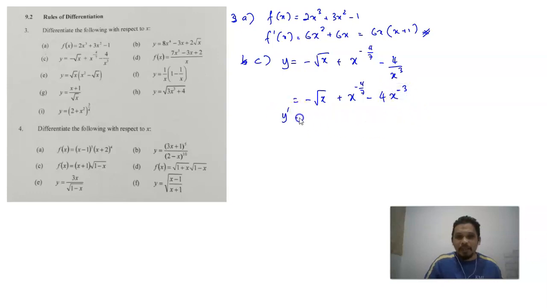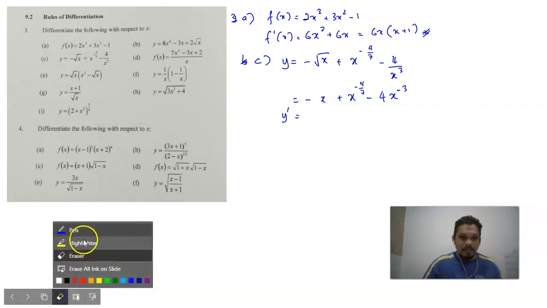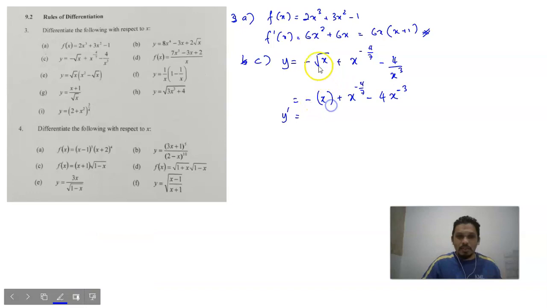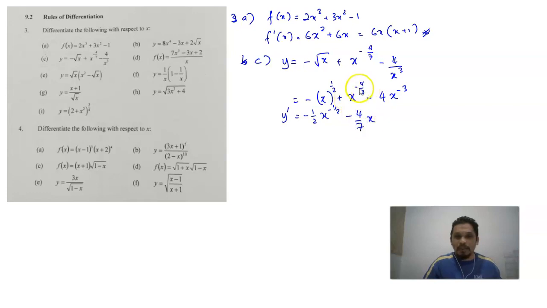Okay, so then y prime or dy/dx equal to, this is square root means x to the power of half. So then differentiate this. Half times negative 1 over 2, x to the power of half minus 1, negative 1 over 2. Negative 4 over 7, bring up here, minus 4 over 7, x to the power of negative 4 over 7 minus 1, negative 4 over 7 minus 7 over 7, negative 11 over 7.